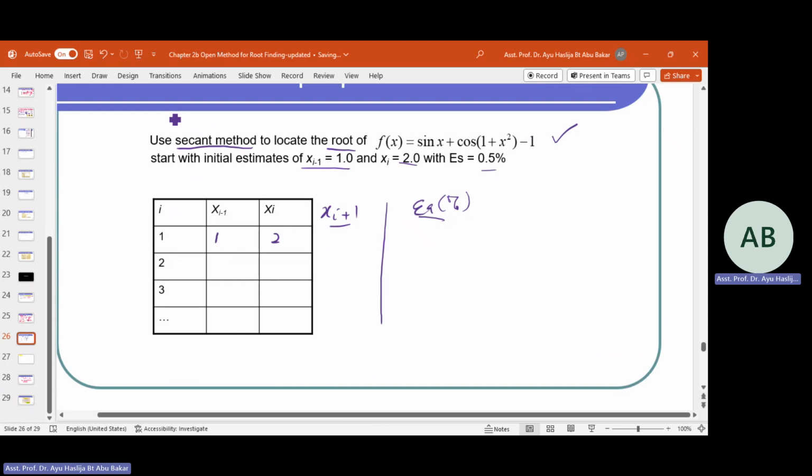Okay, now using the secant method equation, where you need to find the xi plus 1, you use f of xi, xi minus 1, minus xi from the equation just now.